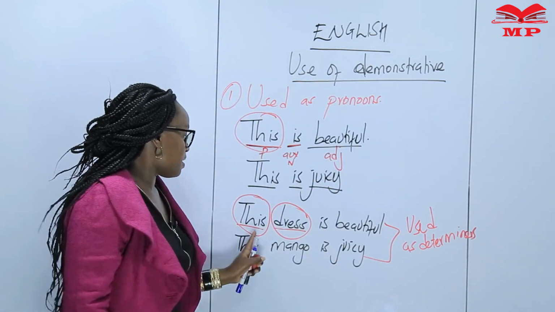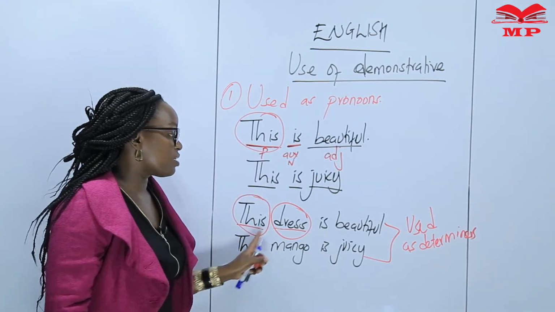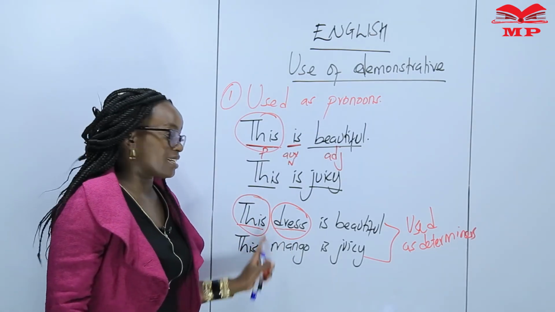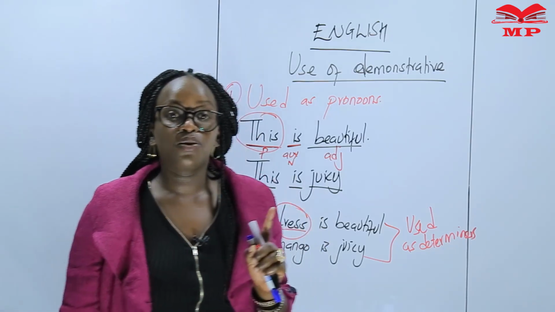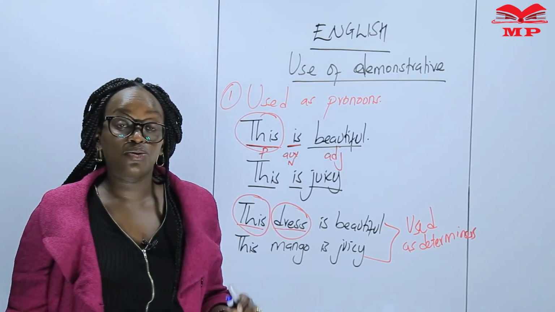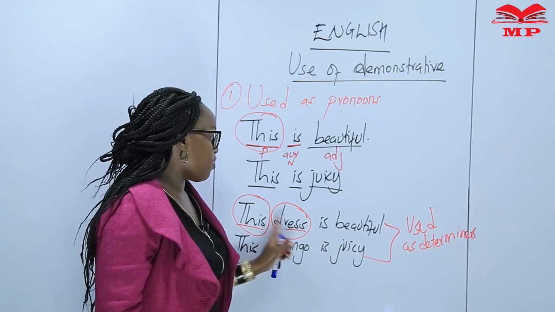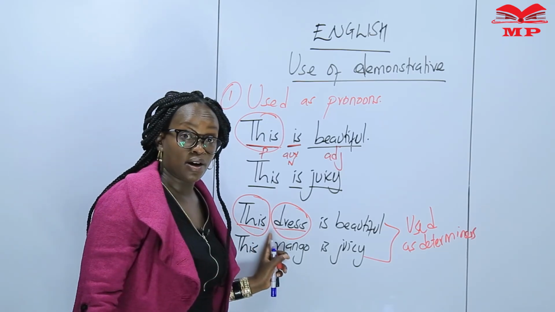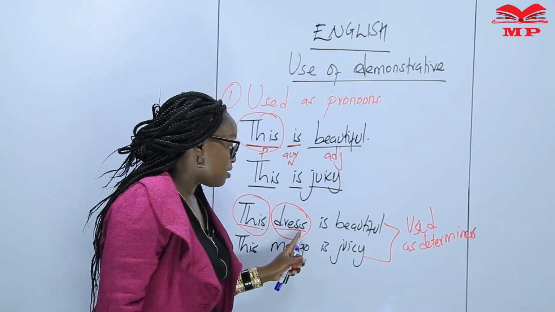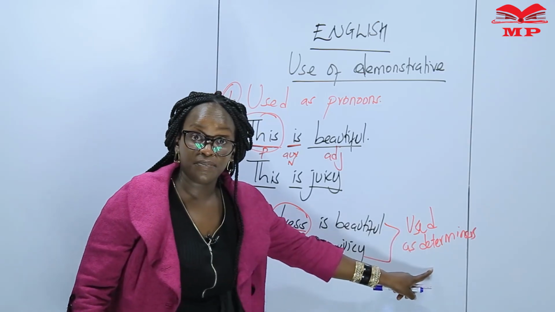In some cases, these demonstratives can be used as determiners in sentences. They can be used to introduce nouns, and they can also be used to introduce adjectives. Therefore, if an adjective or a noun comes immediately after the demonstrative, then that demonstrative is actually used as a determiner.